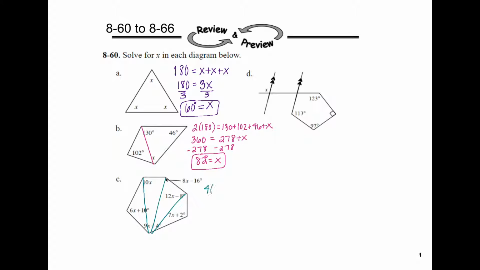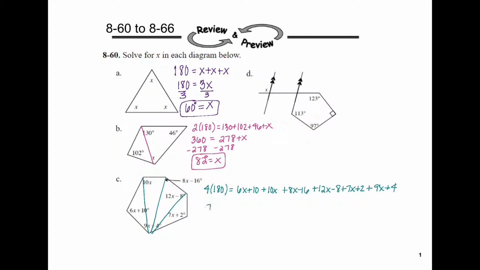So 4 times 180 is equal to the sum of all of my interior angles. 6x plus 10 degrees plus 10x plus 8x minus 16 plus 12x minus 8 plus 7x plus 2 plus 9x plus 4.